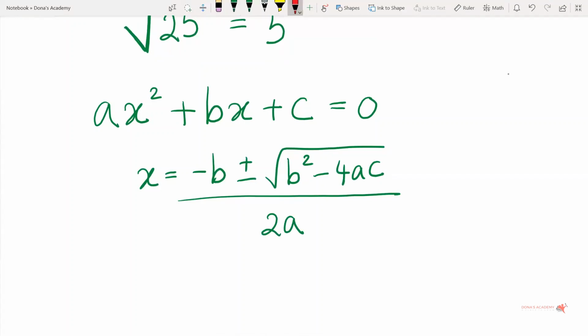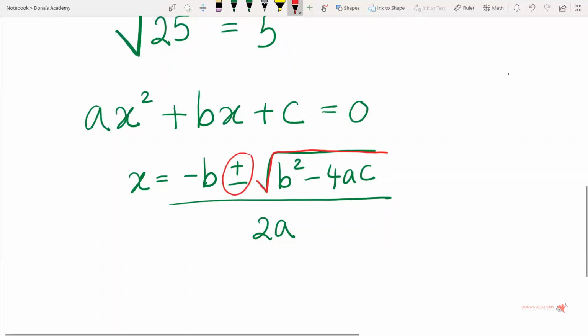Now look at this. If this square root sign already represents a plus or minus, then why do we put plus or minus in front of it? That is another piece of evidence.